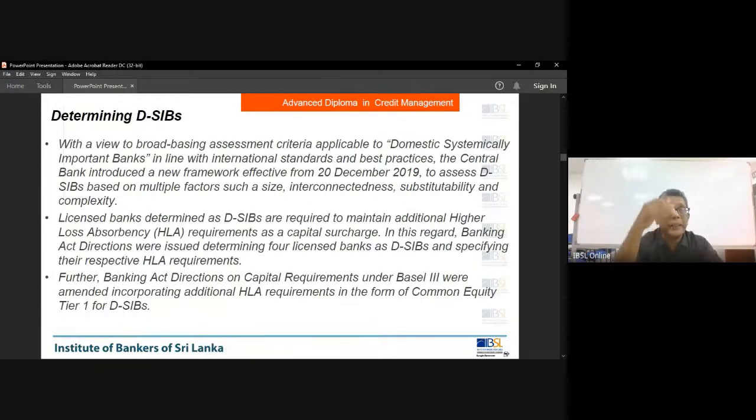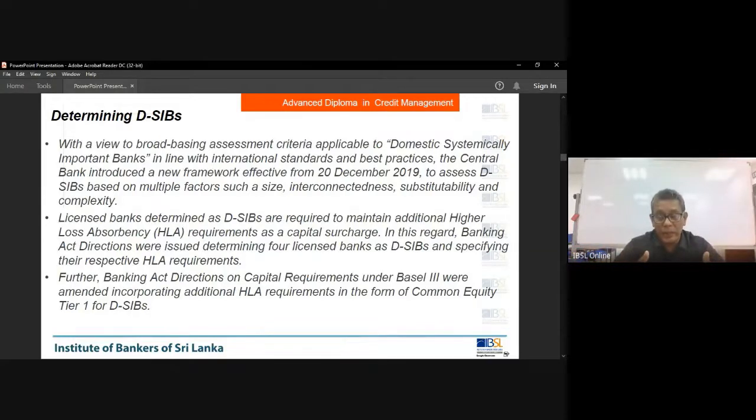Okay. Then again, recently, I think most of you are aware, central bank introduced the domestically significantly important bank category. Now you have global significant important banks. The central bank also introduced a concept called the domestically systemically important banks, in line with the international standard best practices.